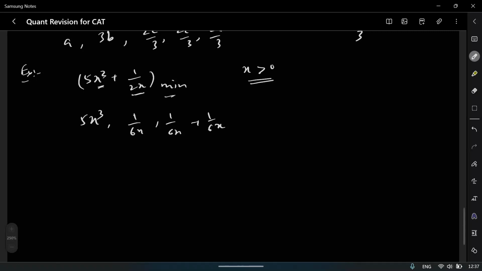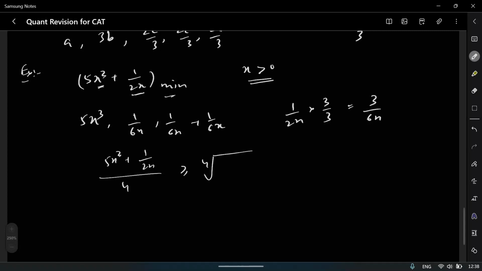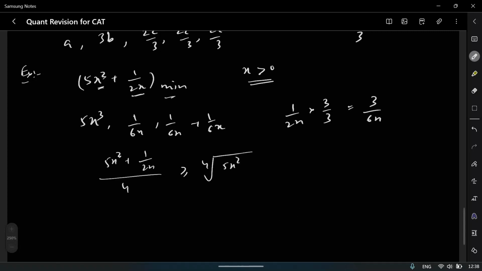How are we going to know that it's 1 by 6x? Since it is given 1 by 2x, multiply and divide it by 3, we get 3 by 6x. So for three terms, 1 by 6x, 1 by 6x, 1 by 6x, we apply AM greater than or equal to GM: 5x cube plus 1 by 2x greater than or equal to 4 times the fourth root of 5x cube times (1 by 6x) whole cube.